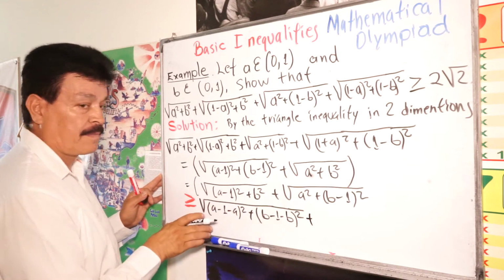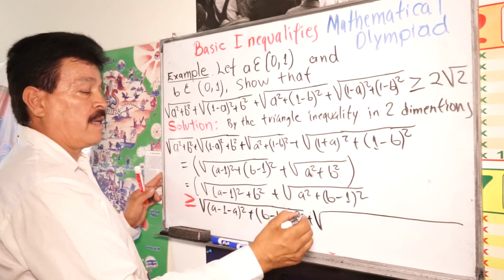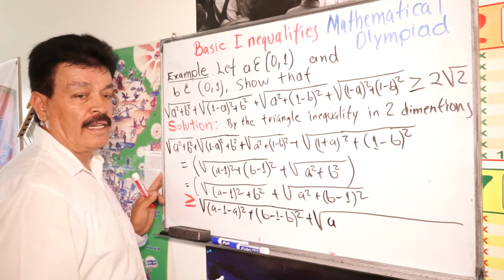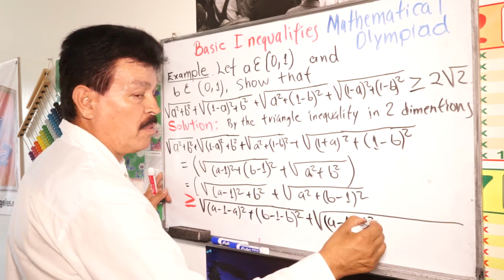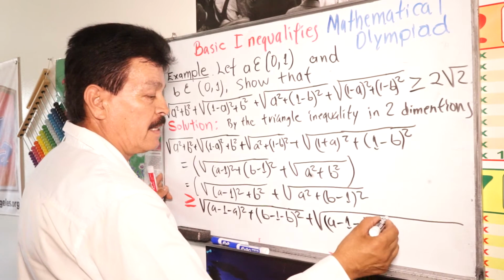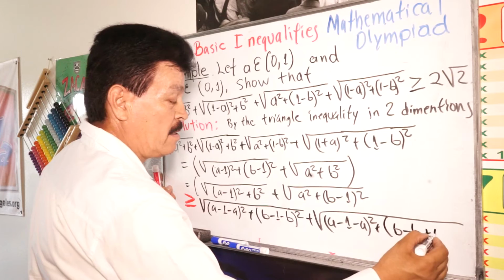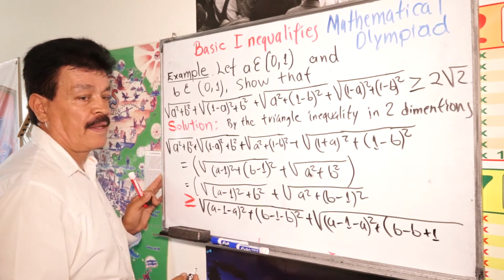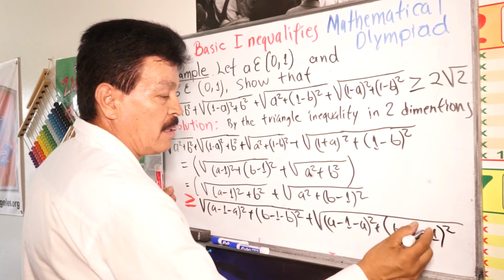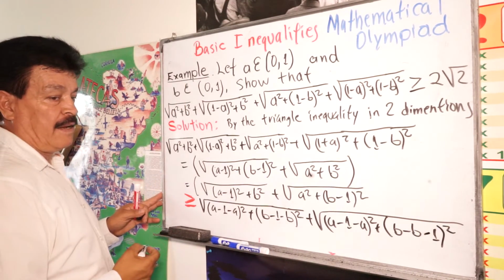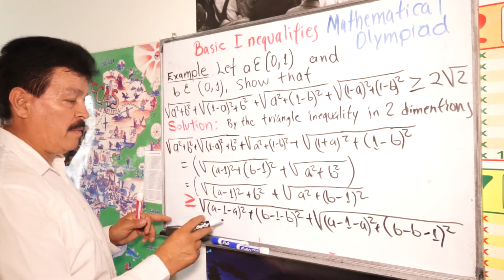Plus here the square root of now (a - 1 - a)^2 + (b - b + 1)^2 minus 1, and then this will be equal here.